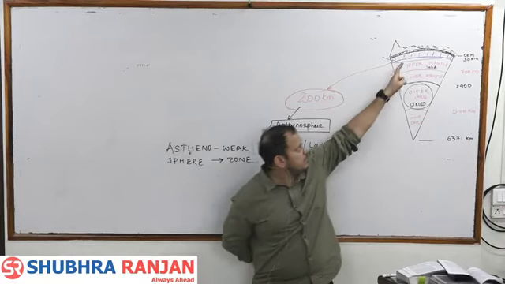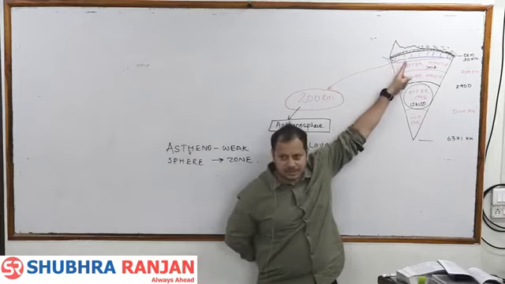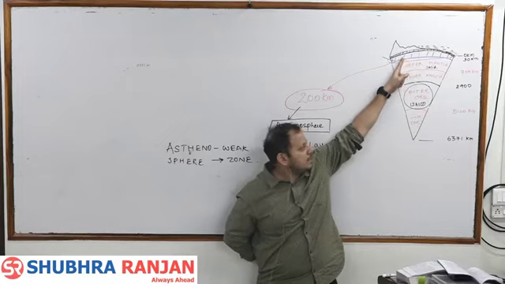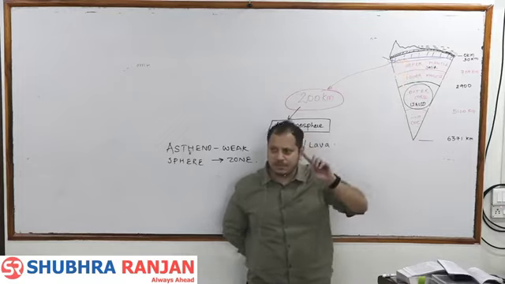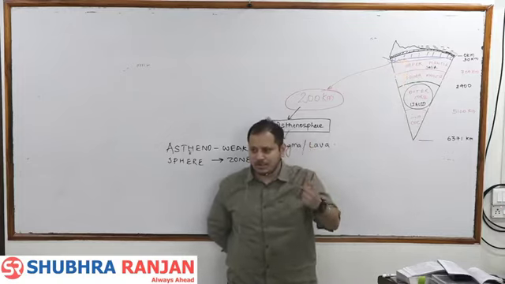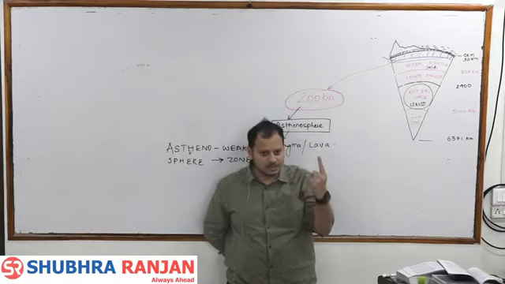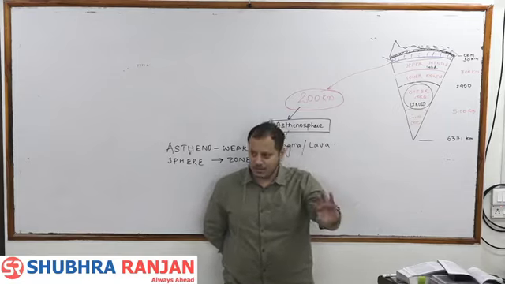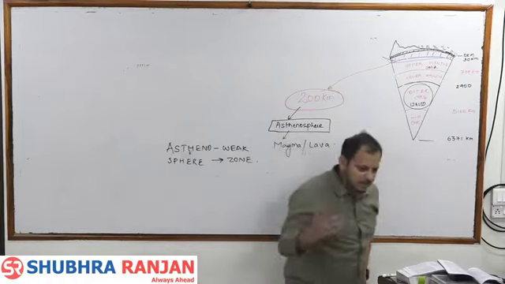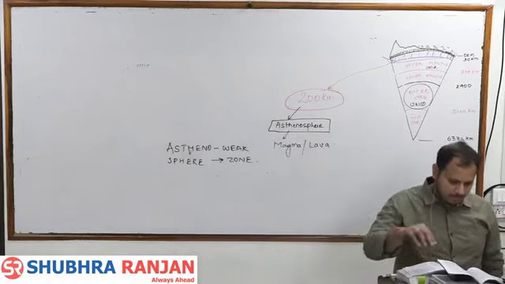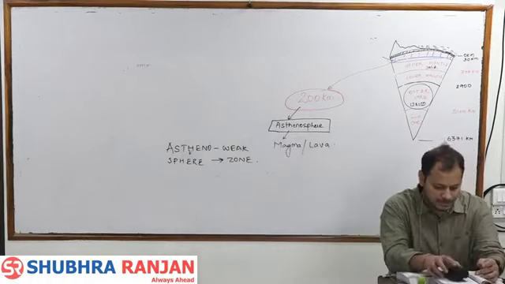Just below 100 kilometers the temperature is around 3000 degrees Celsius, but from 100 to 6000 kilometers it is only 4000 degrees Celsius, that is only 1000 degrees Celsius has increased. So, asthenosphere. Fine.